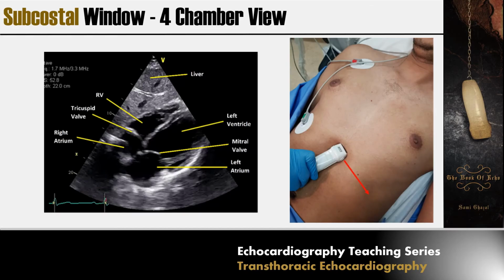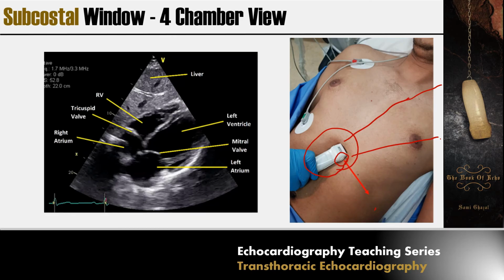In order to get this view, the patient has to be lying on his back, supine, and both knees are slightly flexed so the abdominal muscles are relaxed, and then you put the probe in the subxiphoid area in a way that the index mark is pointing toward the patient left flank, and then you orient the probe so the beam will be directed toward patient left shoulder area. By doing this, you will get the four-chamber view from the subcostal window.